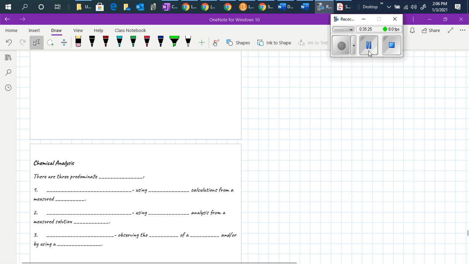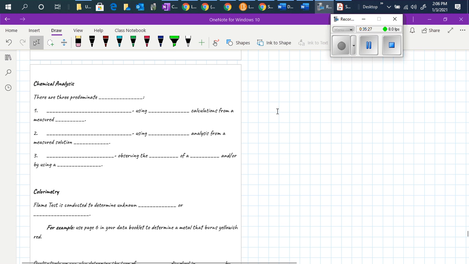Now let's move to chemical analysis, where we will see what the three main methods used in chemical analysis are, and stoich is one of them. There are three ways that we can perform chemical analysis.